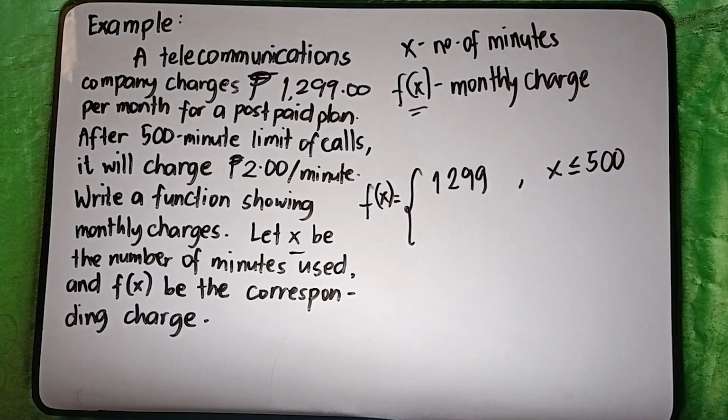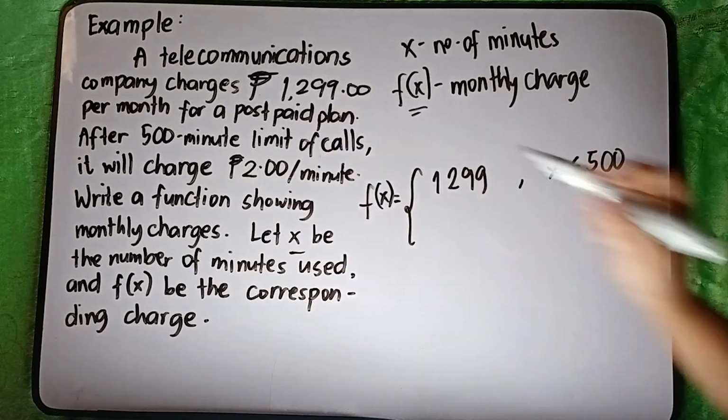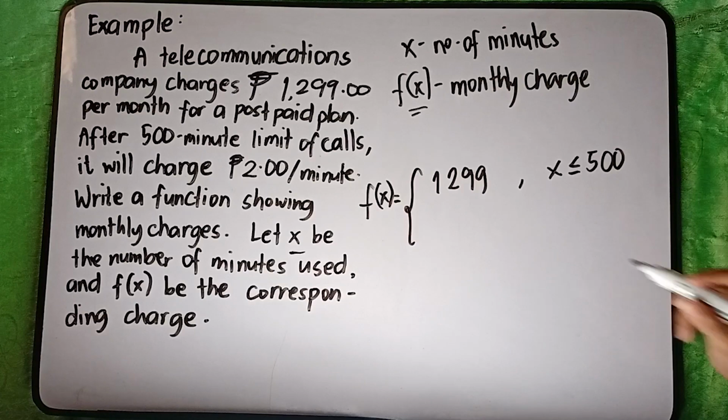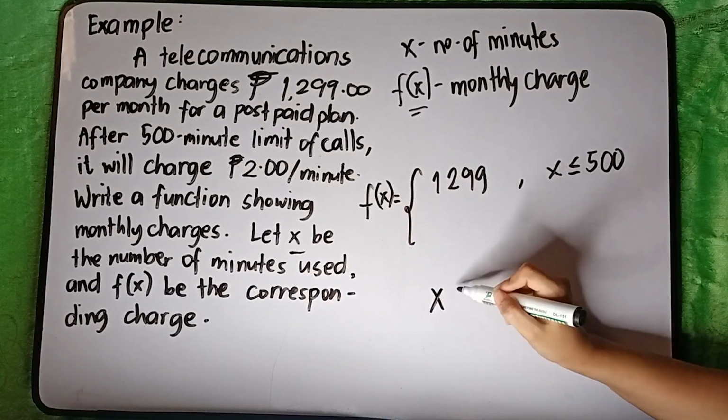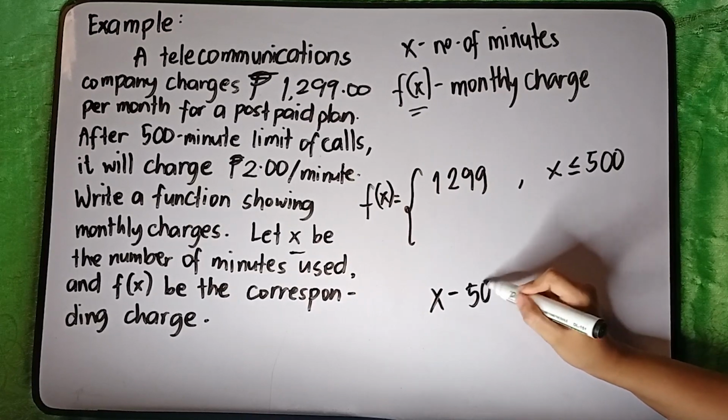And for your monthly charge, if you exceed 500 minutes, you will have an additional 2 pesos per minute. So the minutes that exceeded will be x minus 500.